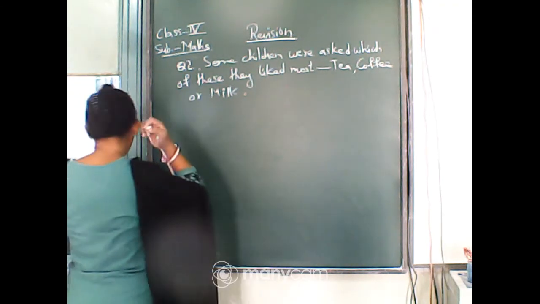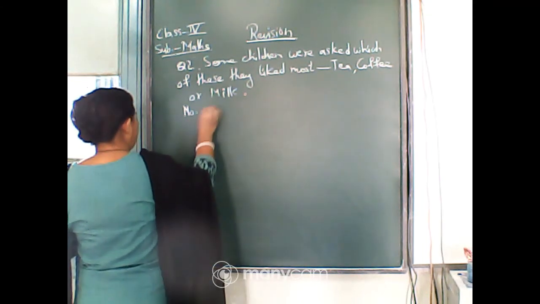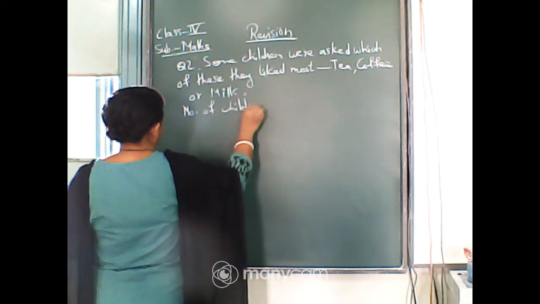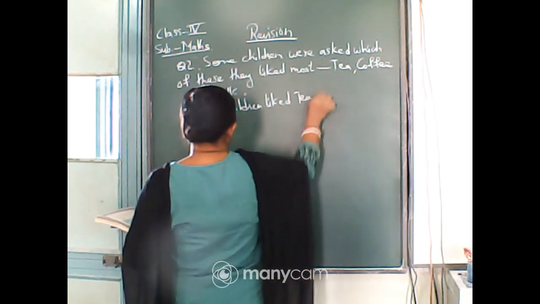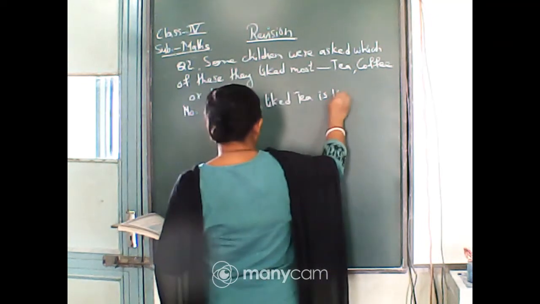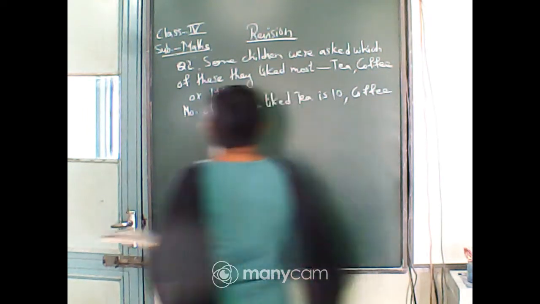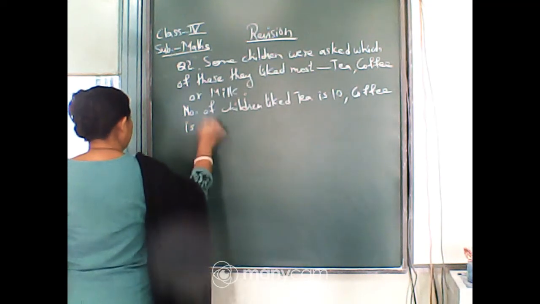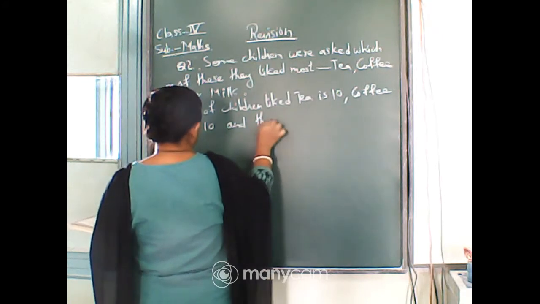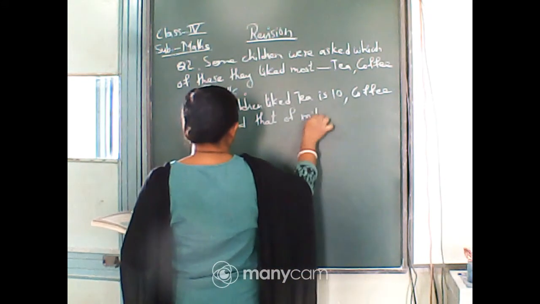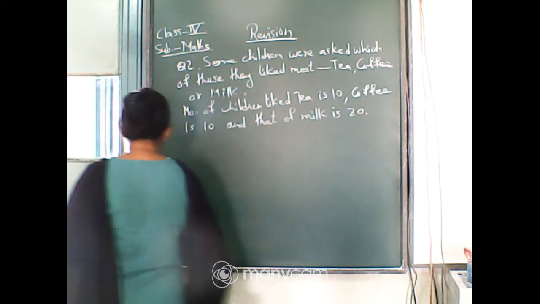So the students answered that the number of children who liked tea is 10, coffee is 10, and that of milk is 20.